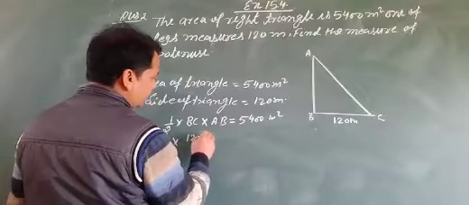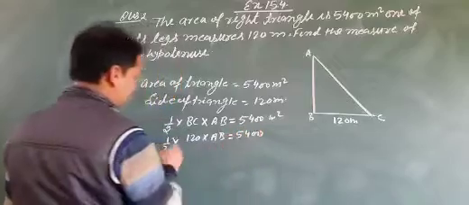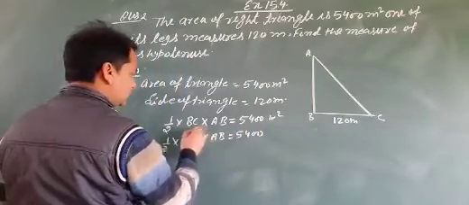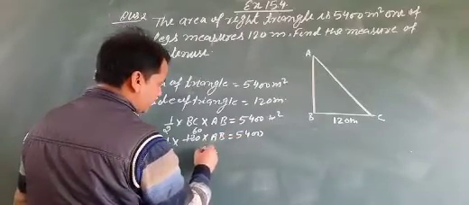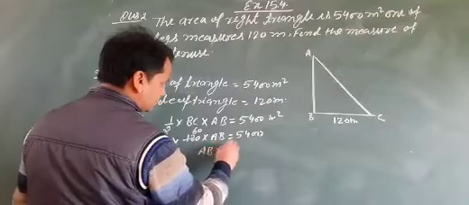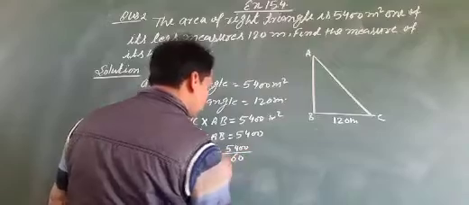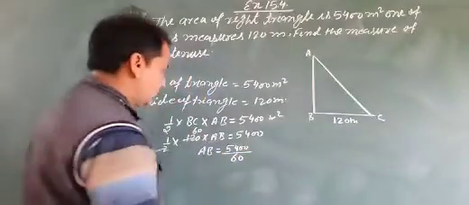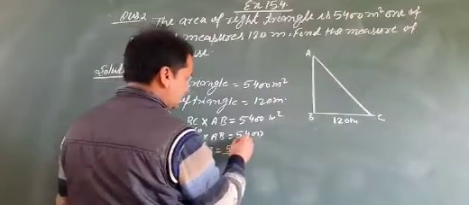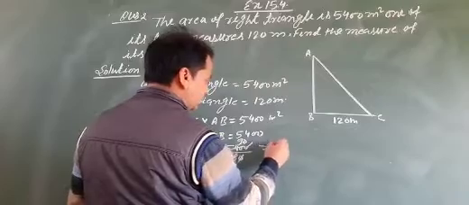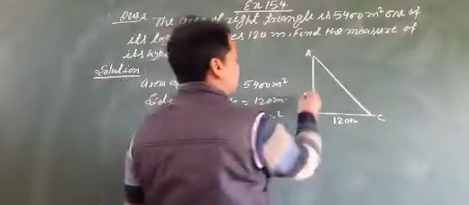Then 1 by 2 into 120 into AB equals 5400, then 60 into AB equals 5400, then AB equals 5400 by 60, then 540 divided by 6, that is 90 meter. Then the value of AB is 90 meter.